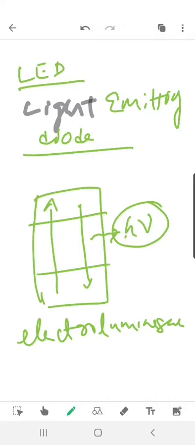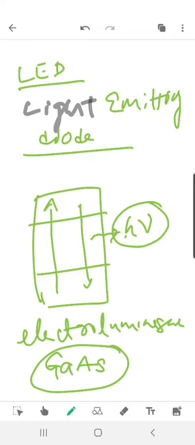The materials which are generally used for our LED are direct band gap semiconductors, and one of those semiconductors is gallium arsenide. Gallium arsenide is an important semiconductor.